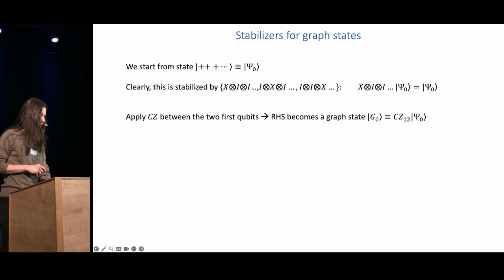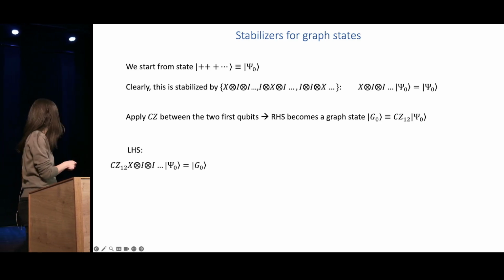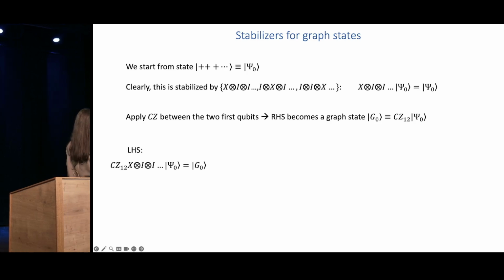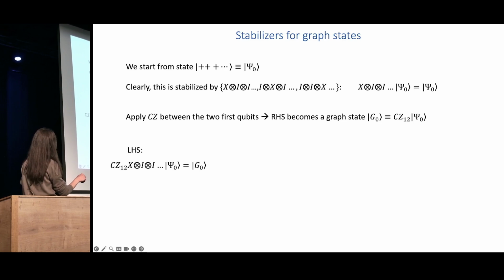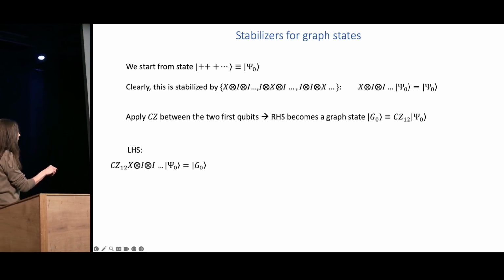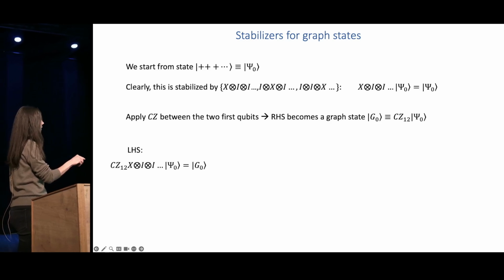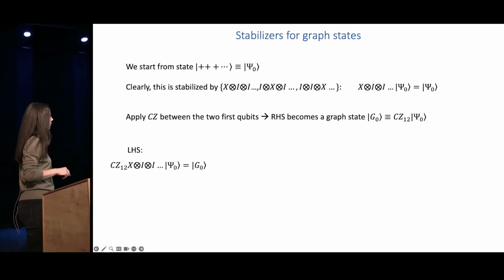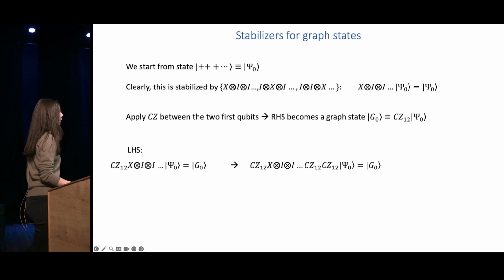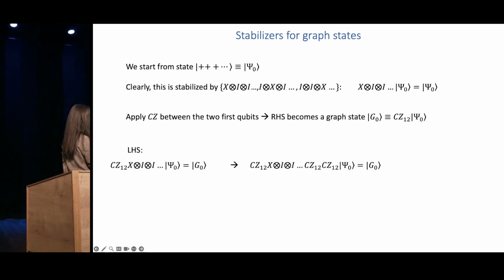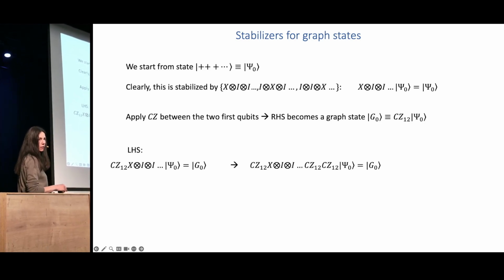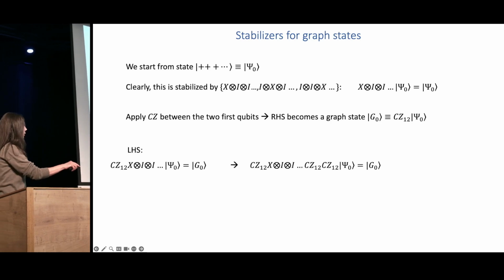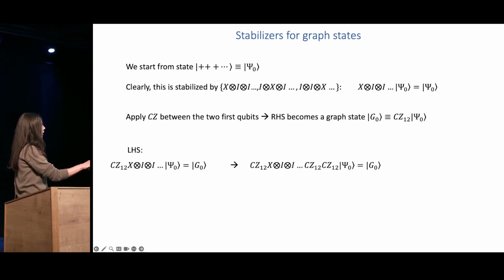So that's what I get. And now let's see how it works with the stabilizers. I have my stabilized state that I started with, which is just a product state of all pluses. And now I apply CZ12 on this. Now I'm going to track the stabilizers, right? So I do this trick I showed you before. I just put CZ times CZ, which is the identity. So this I get for free. And why do I care to do that?